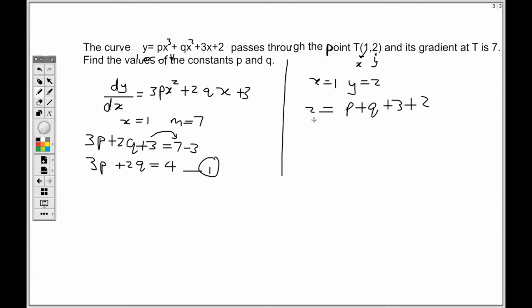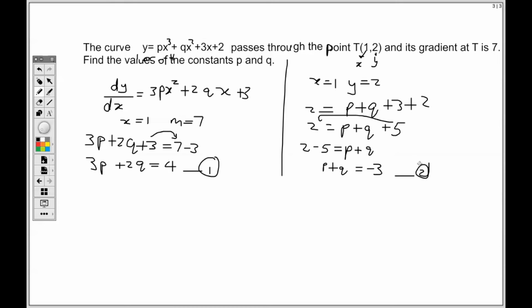And the 3 plus 2 gives us 5. Now, the next step is to carry the 5 over the equal sign, and that becomes negative. So I'll have 2 minus 5 is equal to p plus q. So in other words, p plus q is equal to negative 3. And this is equation 2.